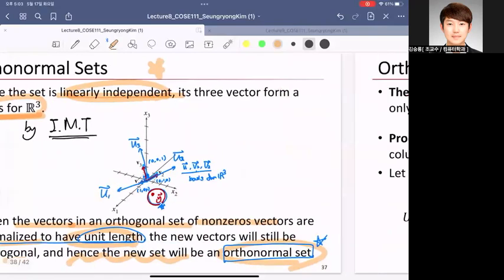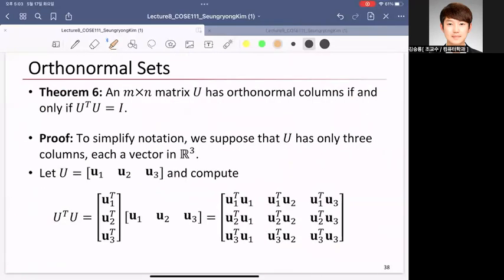So today we will finish lecture note 8. This is theorem 6. An m by n matrix U has orthonormal columns.